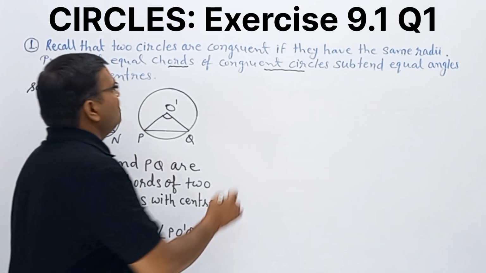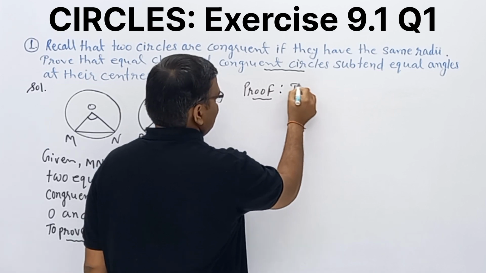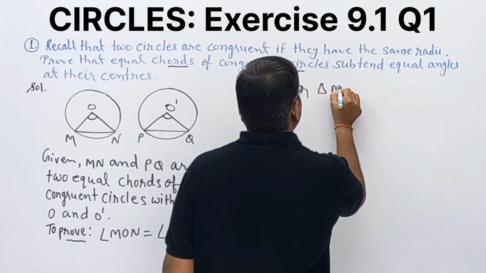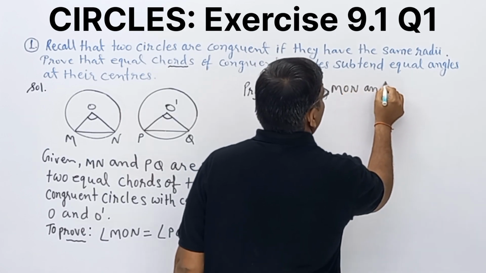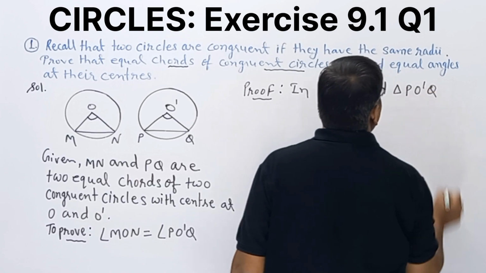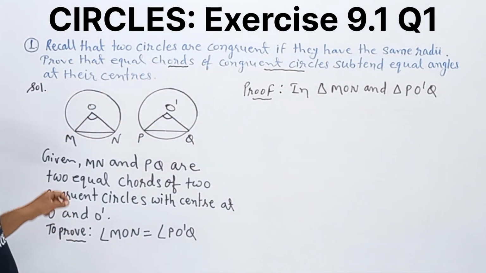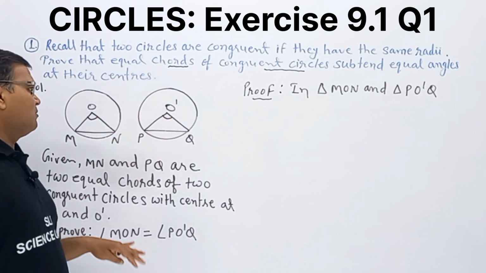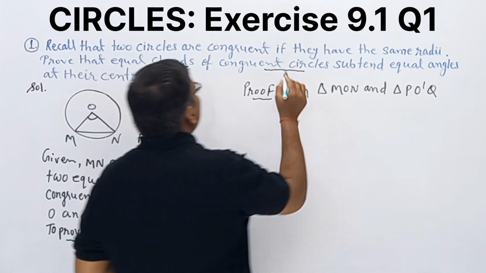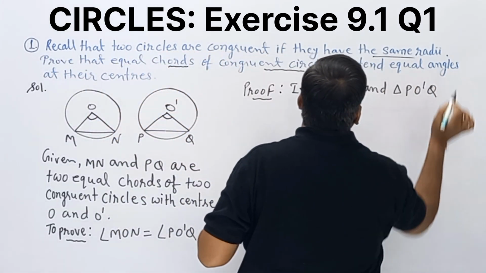So how will we prove this? Observe the proof. In triangle MON and triangle PO dash Q, what do we have? Both circles are congruent, which means they have the same radii.